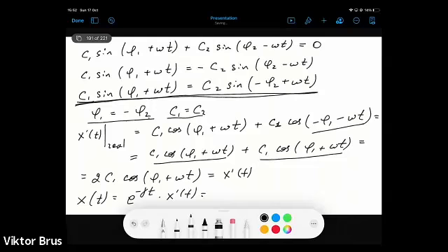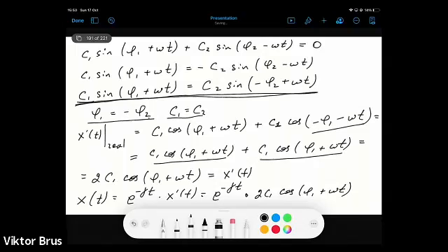And that is exponent minus gamma t times 2C1 times cosine phi1 plus omega t.